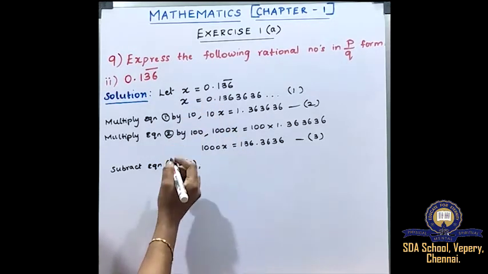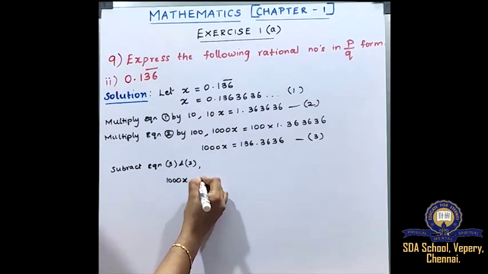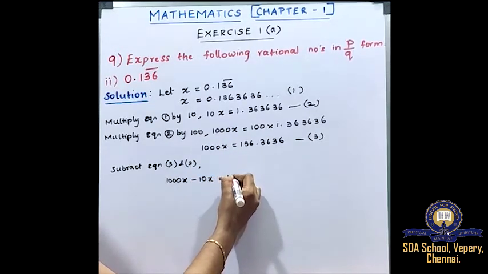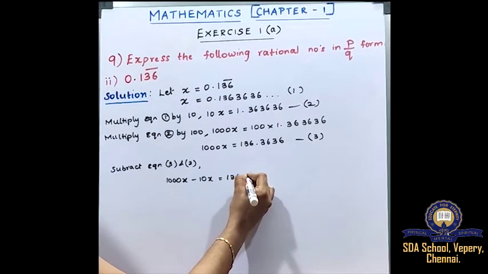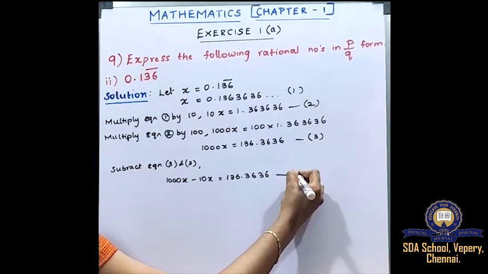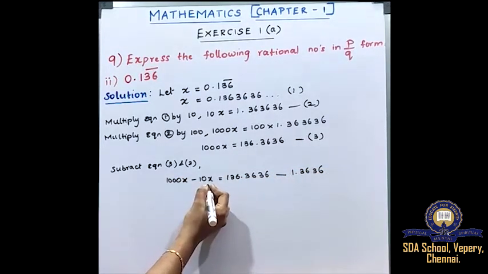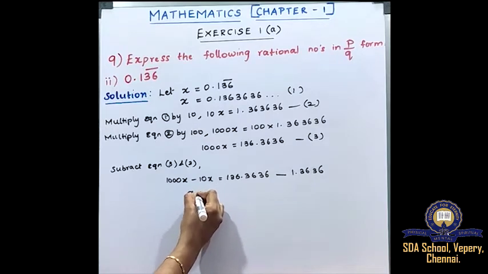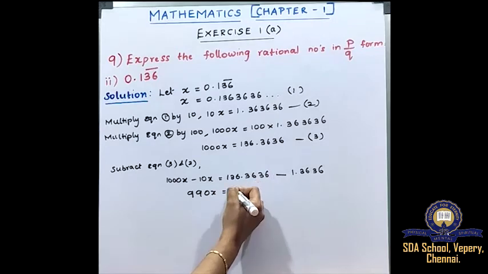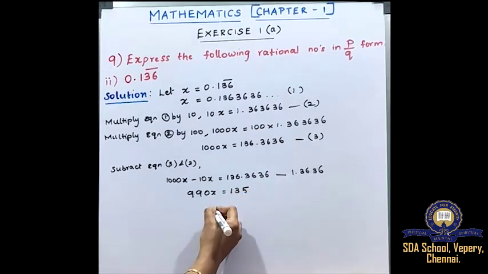So if you subtract equation 3 and 2, we will get 1000x minus 10x equals 136.3636 minus 1.3636. Right? So if you subtract 1000x minus 10x, we will get 990x. So on the right hand side, we will get 135.